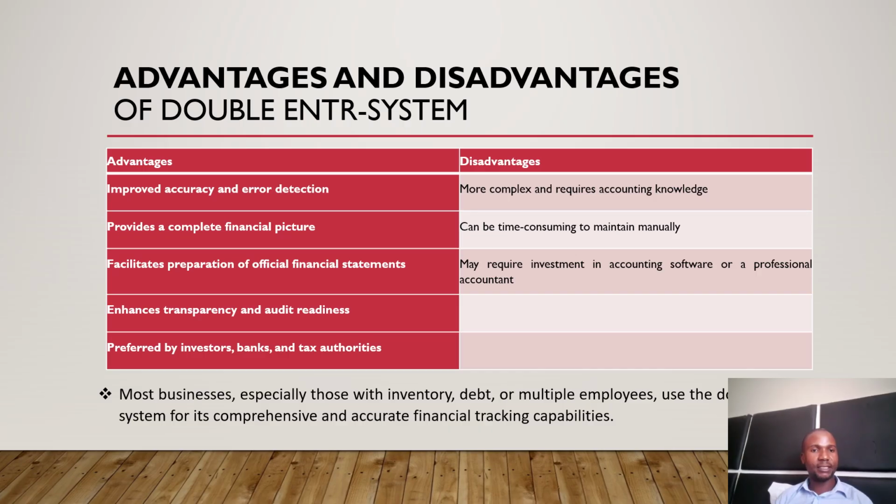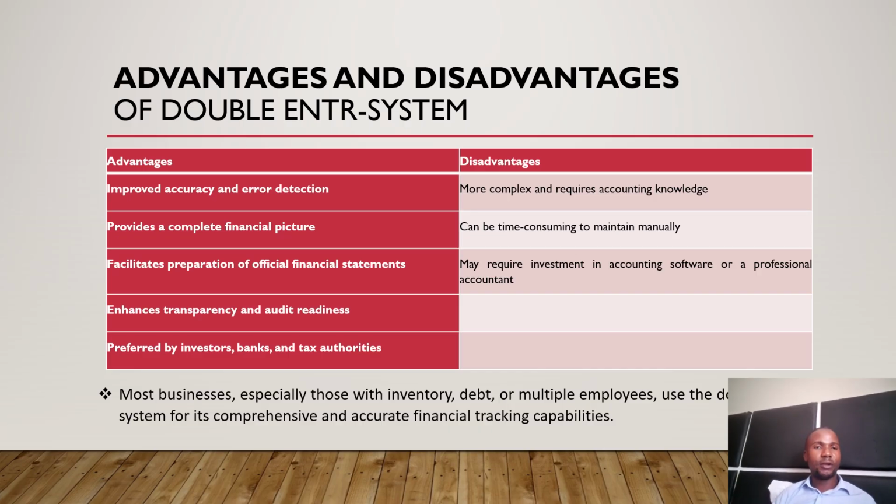It also facilitates the preparation of official financial statements, as we just saw in the previous slide. Without the double entry or the journal entries, there will be no proper financial statements. It forms the basis of the financial statements. It also enhances transparency and audit readiness.